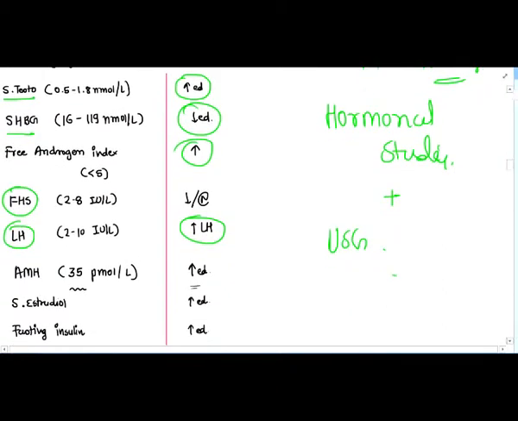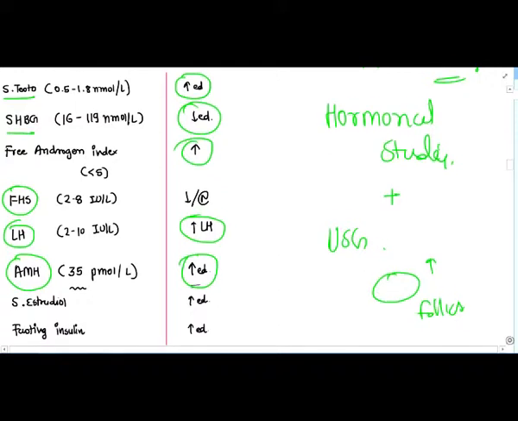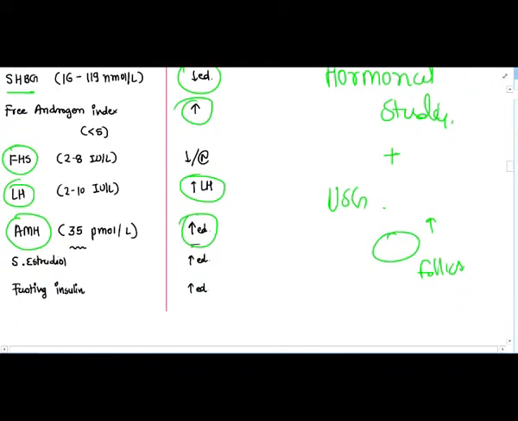As the ovarian volume is more and there are many follicles, the ovarian reserve is more. So AMH, anti-Mullerian hormone, will be increased despite infertility. Serum estradiol will also be increased. Insulin circulating in the blood will also be increased.